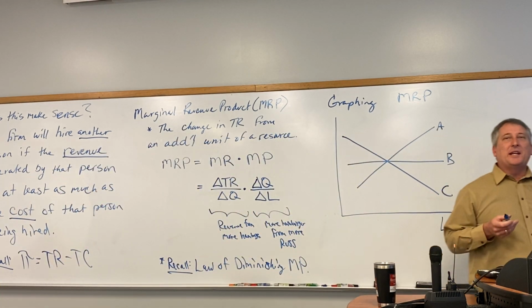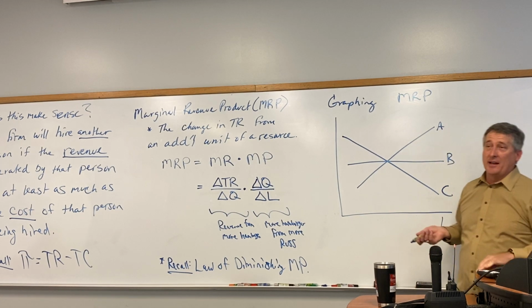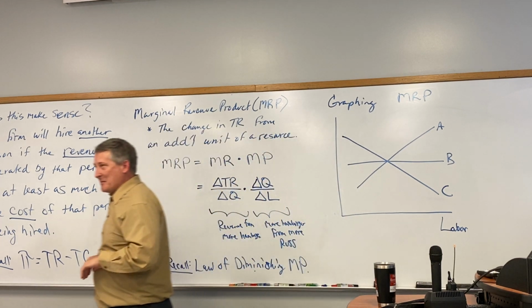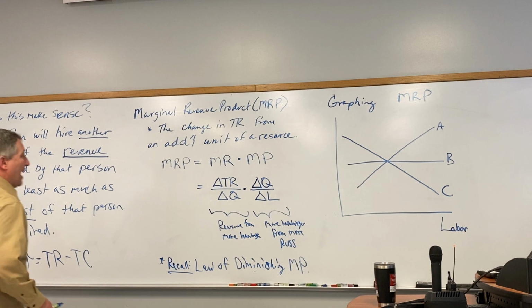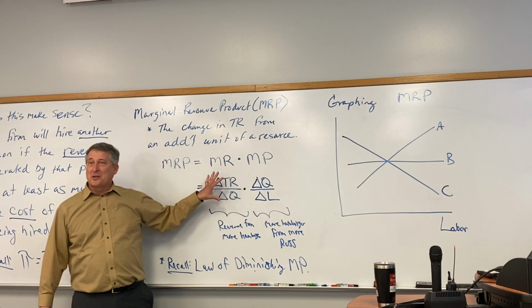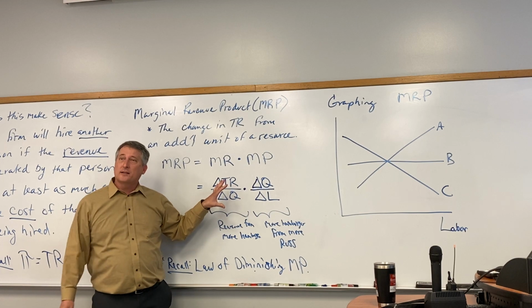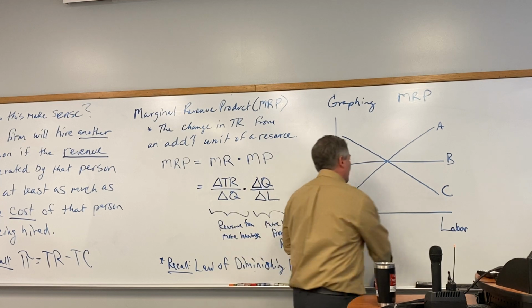Now, why do we know for sure it's C and never B or A? Law of diminishing marginal product, law of diminishing returns. So it's always going to go down. If the law of diminishing returns is true, then as I keep hiring people, they're not going to make as many hamburgers. If they don't make as many hamburgers, I don't have as many hamburgers to sell, and therefore the revenue coming in from those additional workers has to be falling because of the law of diminishing returns.